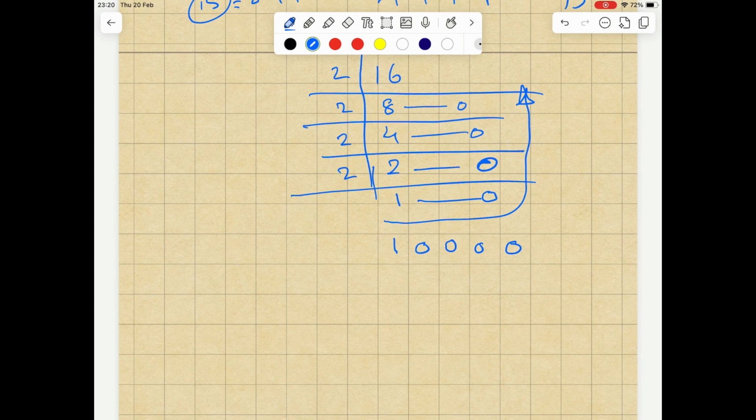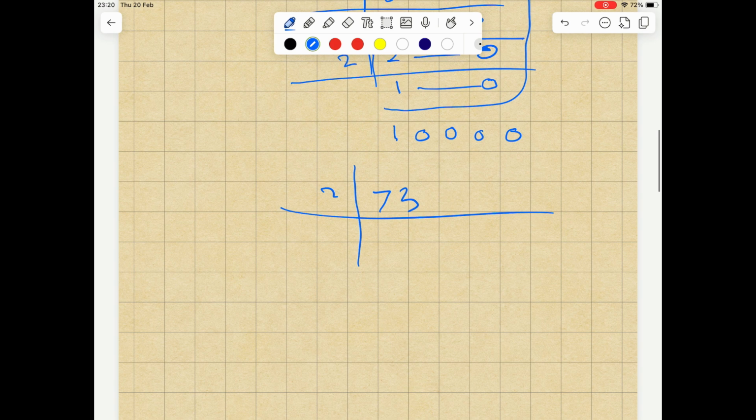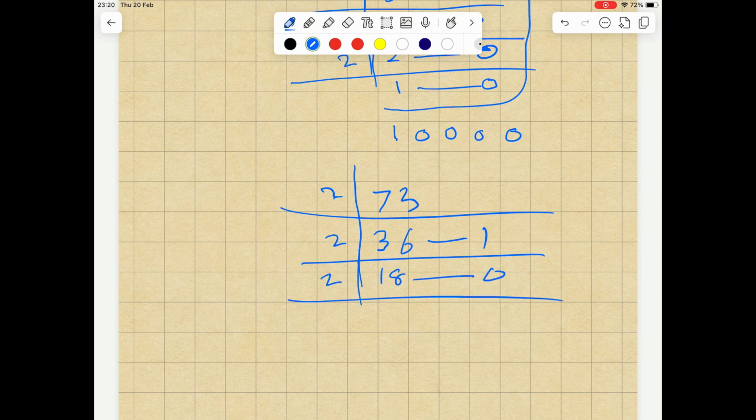Let's do one more, 73. So if we do 73, divided by 2, remainder 1, and then 2, 18, remainder 0, 2, 9, remainder 0, 2, 4 2s are 8, remainder 1 now.